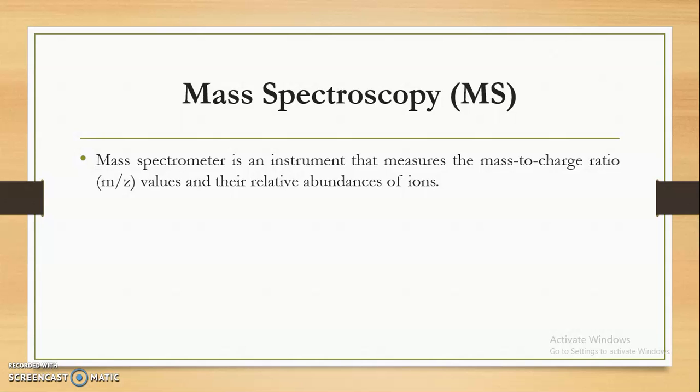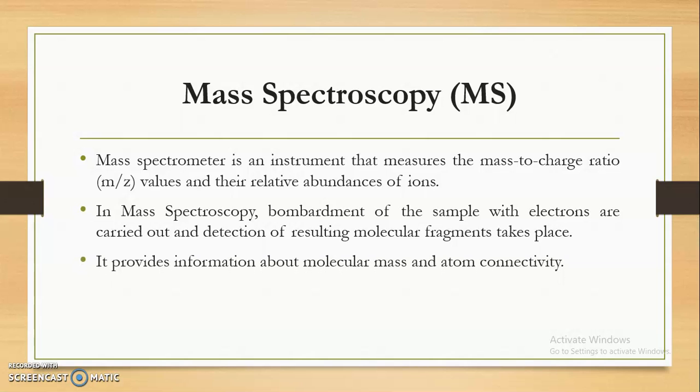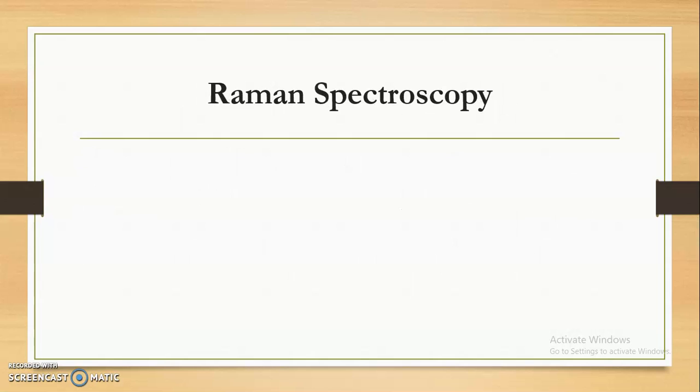So with the help of this technique, we can determine the molecular weight of that particular sample. That will give us a broad idea about the elements present in our sample. In mass spectroscopy, bombardment of the sample with electrons is carried out and detection of the resulting molecular fragments takes place. It provides information about the molecular mass as well as the atom connectivity.